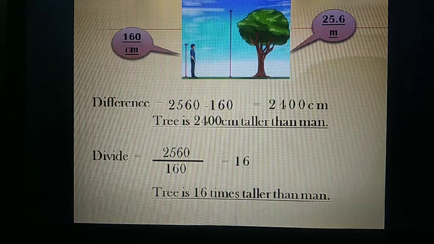So, in certain situation, comparison by division method makes better sense than comparison by taking the difference. And this comparison by division is the ratio. This particular ratio part we have already covered in your previous class.